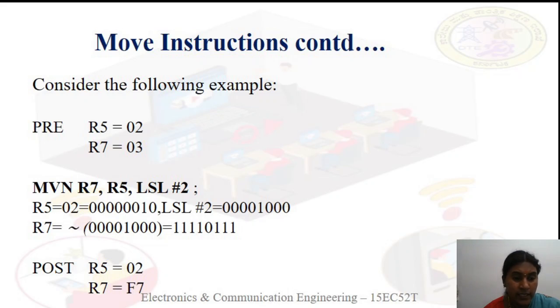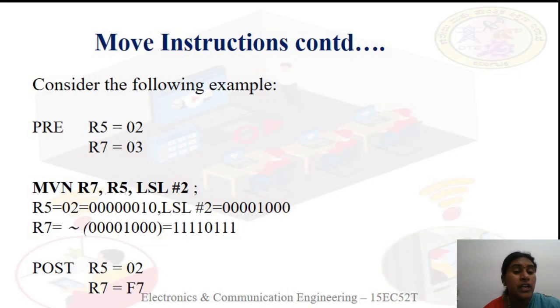Now I will take the content of the register, that is 02, that is 0000 0010, logically shifted by 2 times. After the logical shifting of this content, we will get 0000 1000. But after this, you can't move that directly to R7 because here the instruction is MVN.